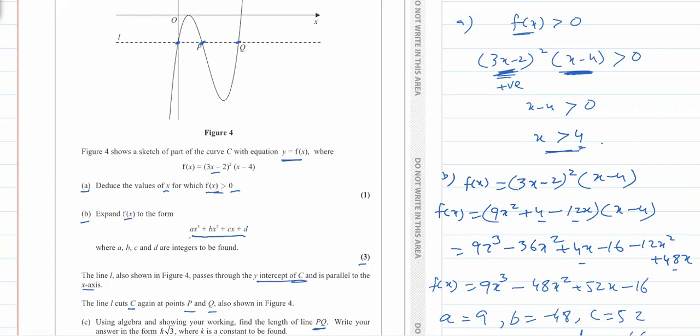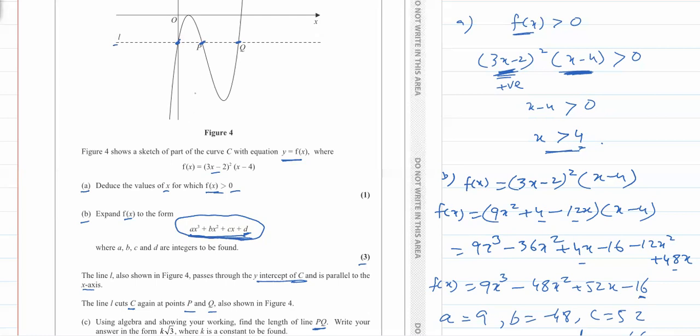Remember, whenever you have a cubic equation, its y-intercept is this constant value. It's given that line L has the same y-intercept as C. What is that? That is minus 16.